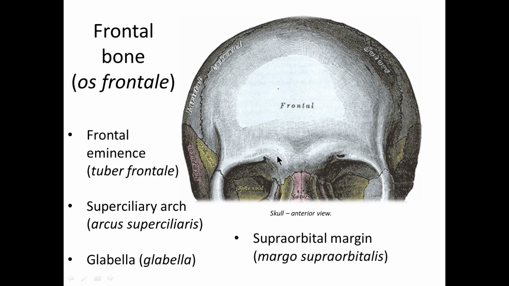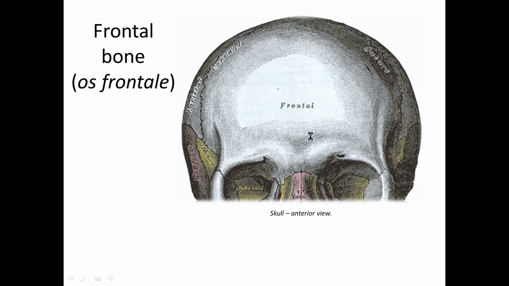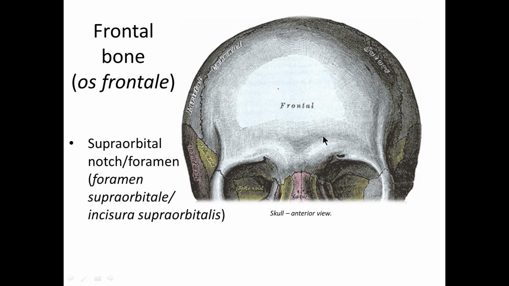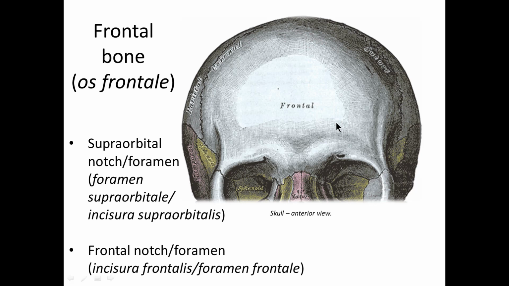The supraorbital margin is located just below these ridges. The supraorbital notch, or foramen, is located in the medial part of this margin, for example here, and the frontal notch is even more medial than that. It could be here.